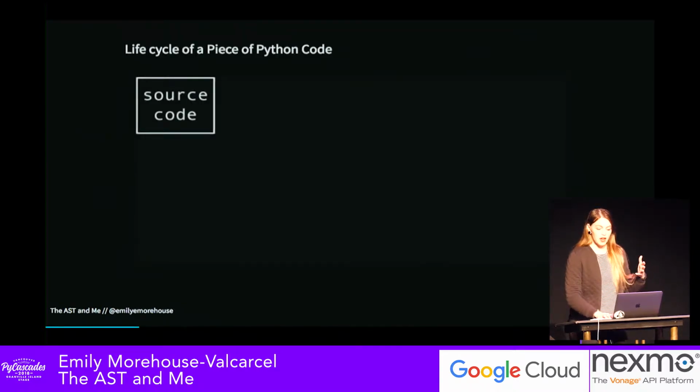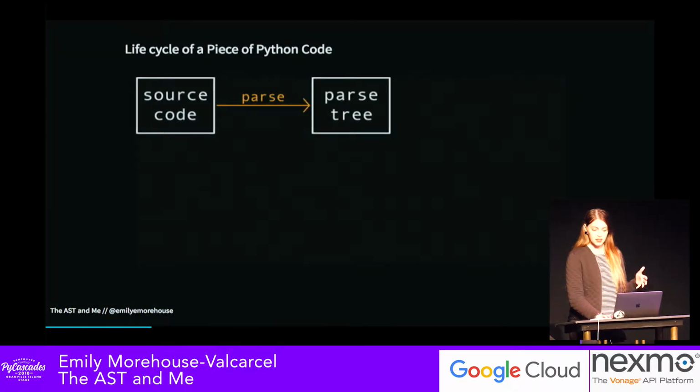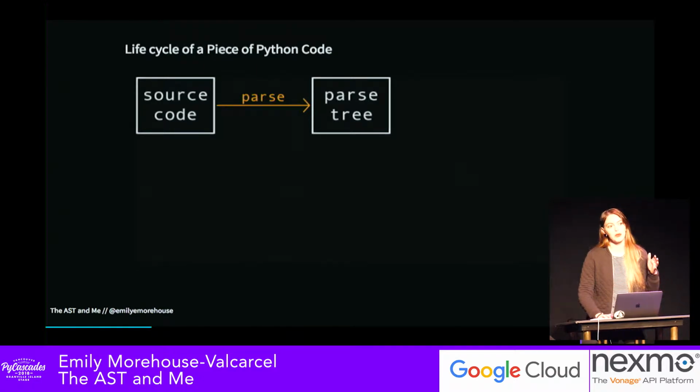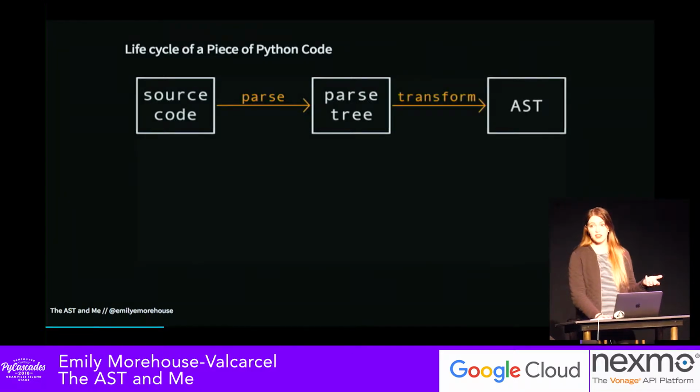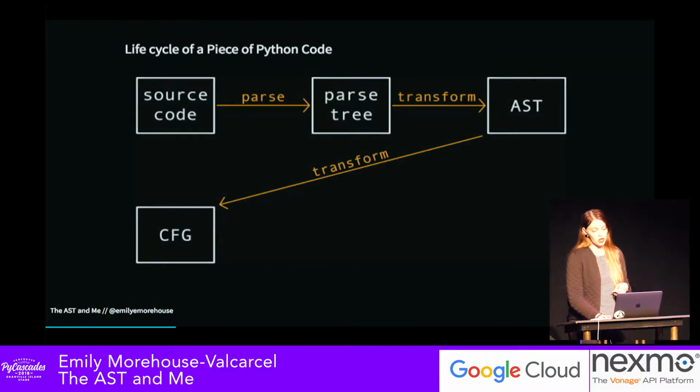So we start with a piece of source code. That source code gets parsed into a parse tree. Now, parse trees are a little bit more detailed than what we actually want to work with. You'll see a diagram of this in a moment. So we transform our parse tree into an abstract syntax tree, or an AST. We then transform the AST again into what's called a CFG, or a control flow graph.